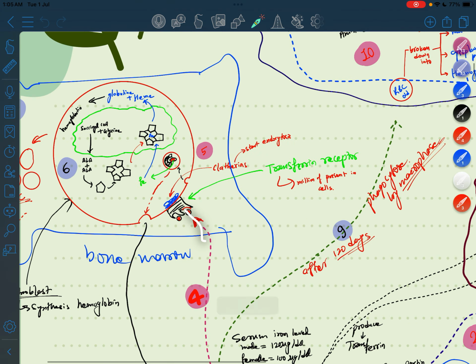marrow. When it goes into the bone marrow, there is clathrin and also the transferrin receptor. Transferrin binds, and endocytosis occurs, and iron goes inside the bone marrow cells.